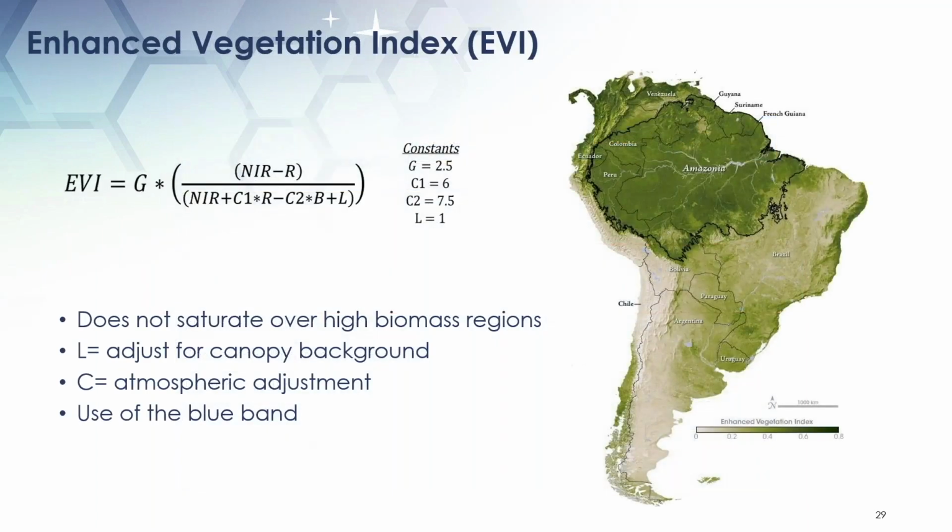So there are other indices that are useful for vegetation and other analyses. One such is the Enhanced Vegetation Index, or EVI. EVI is another measure of vegetation health.